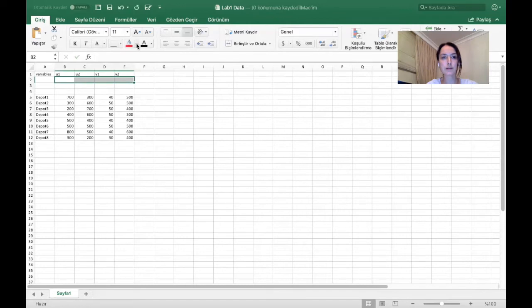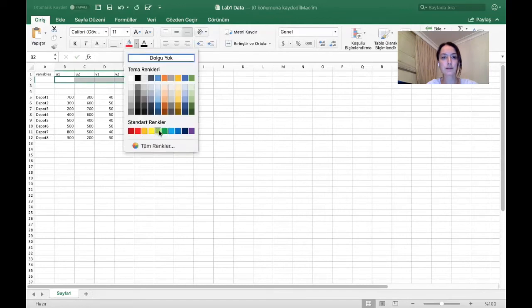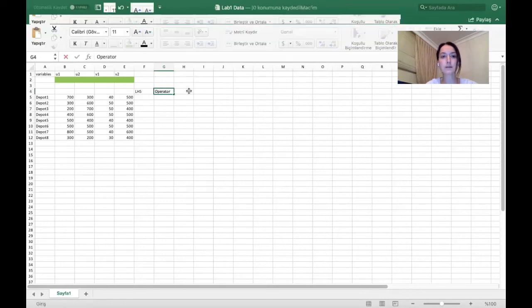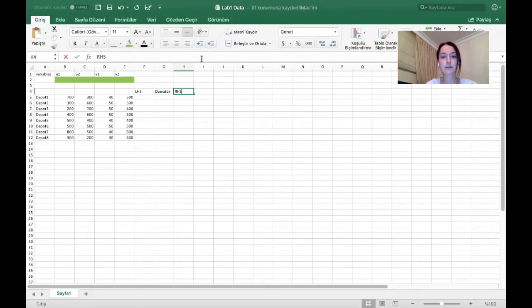And these are the cells for their values. Okay, for each depot, we should add a constraint as the efficiency ratio of each depot should be less than or equal to 1. So suppose that the left-hand side of the constraint is provided here. This is the operator column, and this column corresponds to the right-hand side.